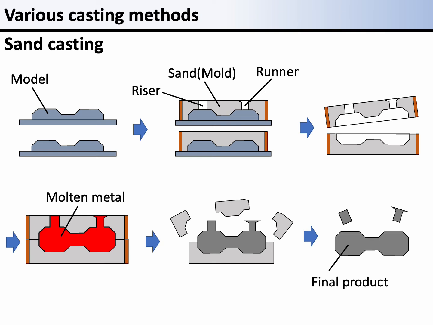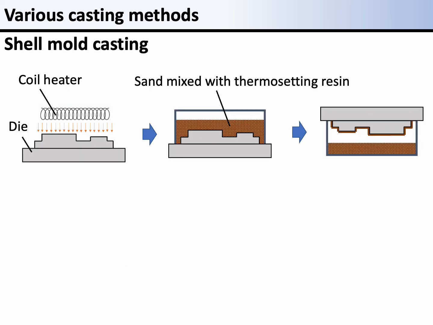The sand mold casting method is unique in that it can be used for a variety of larger and smaller shapes. The molds are broken after each casting process, but the sand is recycled. In shell mold casting, the die is first machined into the desired shape. The die is heated and blown with sand mixed with thermosetting resin to create a mold.